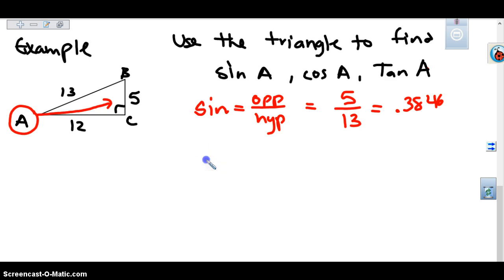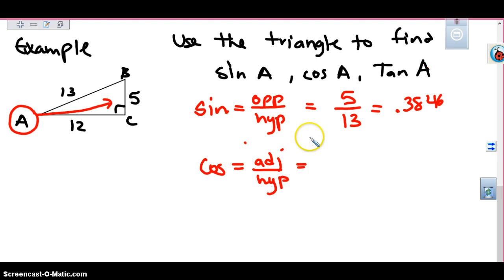If we need to find the cosine, it is the adjacent over the hypotenuse. The side adjacent to angle A would be 12, and the hypotenuse 13. And we can leave this as a fraction or change it to a decimal, which equals 0.9231.